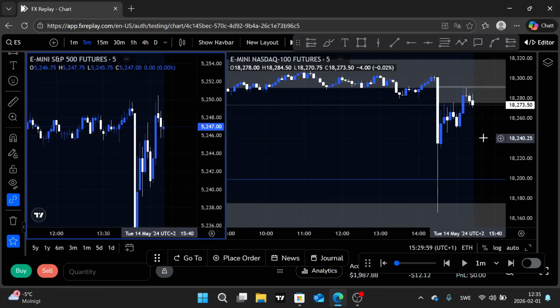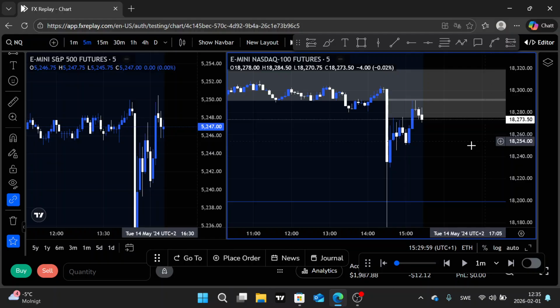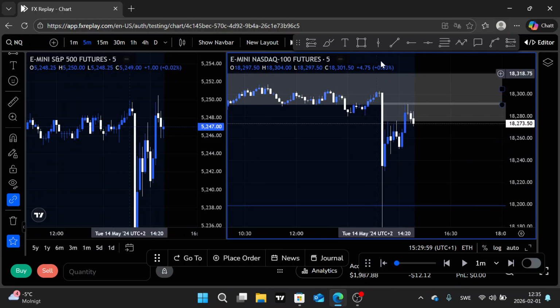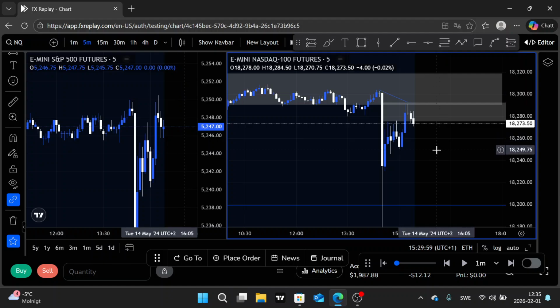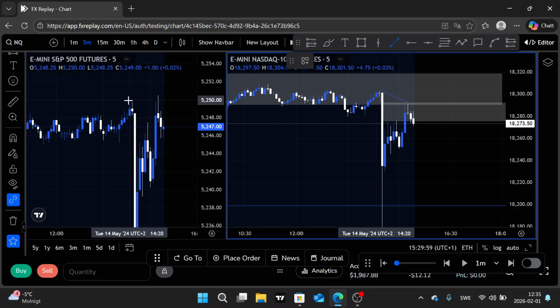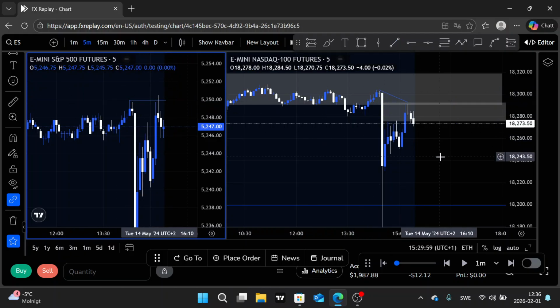What do we do? Oh my gosh, what do we have here? We have this SMT right here. As I told you, we could have SMT on the smaller time frame. ES took this high here, and NQ did it.